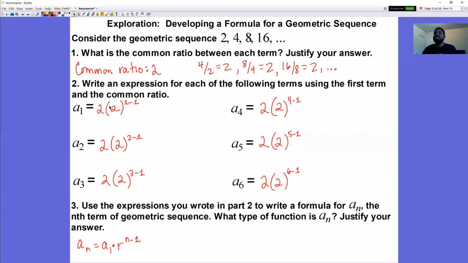And then we need to describe what type of function it is. Well, we're multiplying by the same number every time. So that is indicative of an exponential function. So a_n is an exponential function.